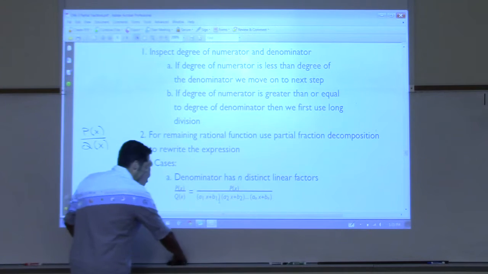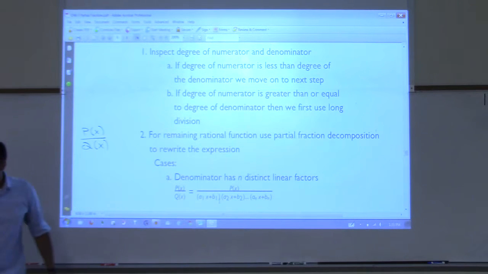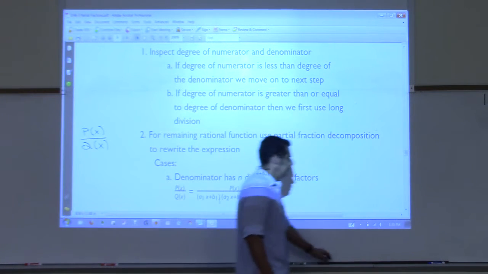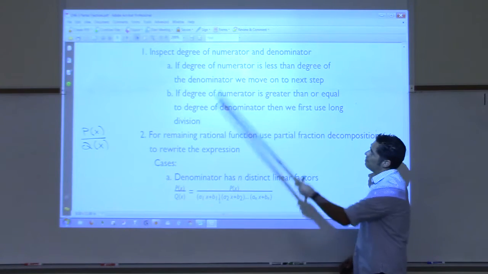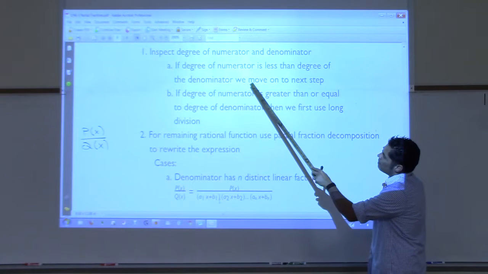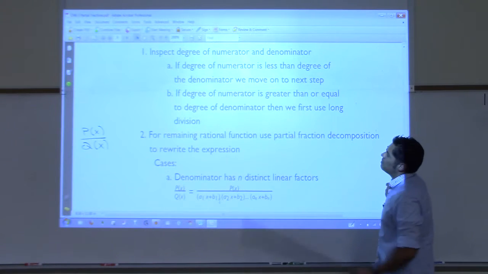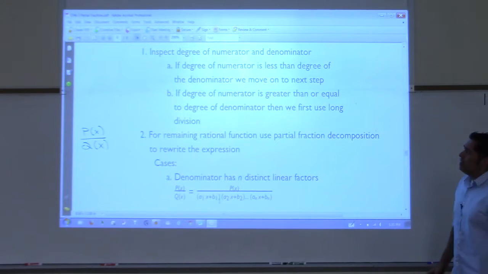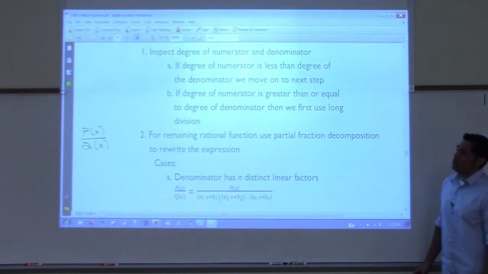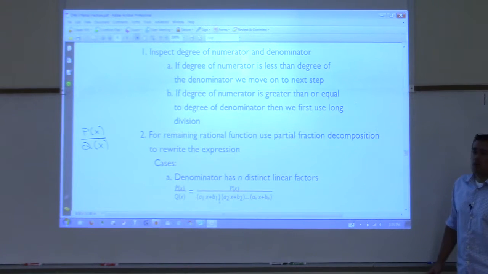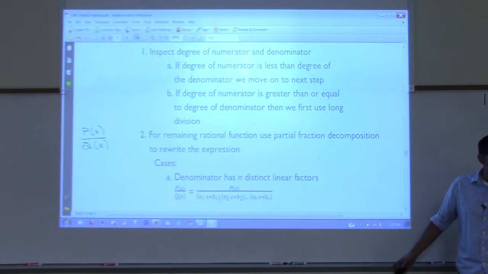Then the steps for doing partial fractions are to first inspect the degree of the numerator and denominator, which is what I was trying to get y'all to see. If the degree of the numerator is less than the degree of the denominator, we move on. If the degree of the numerator is greater than or equal to the degree of the denominator, we first use long division. That's what we did.